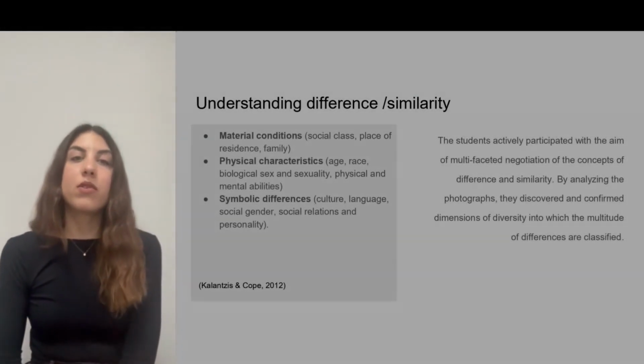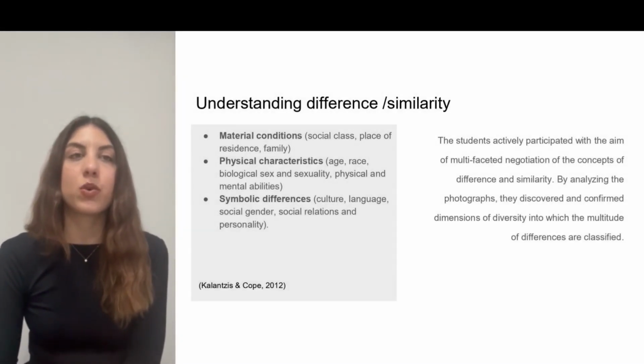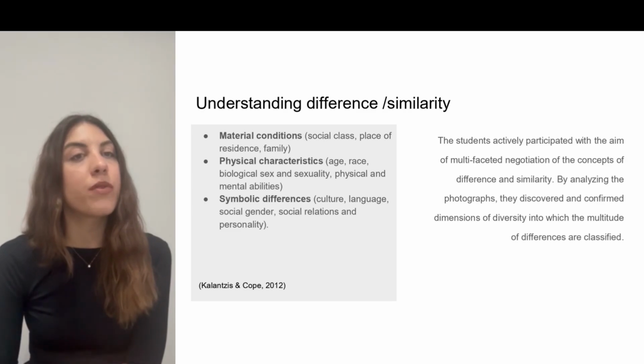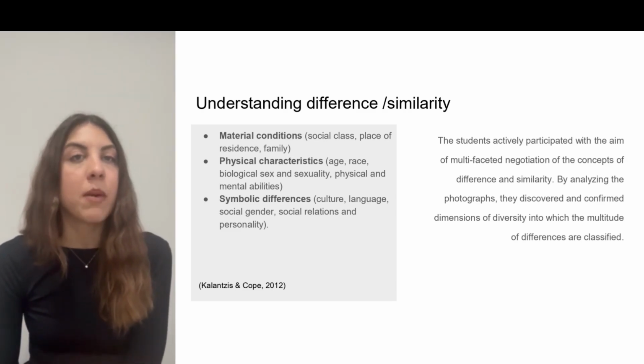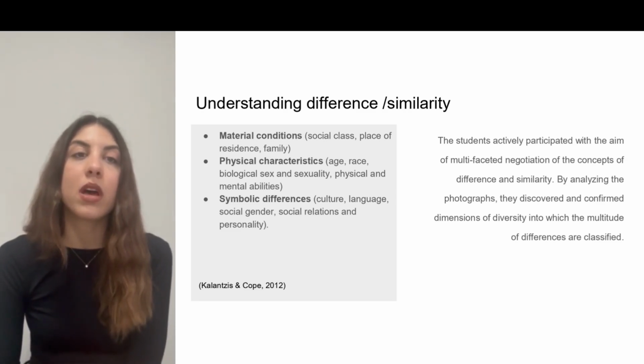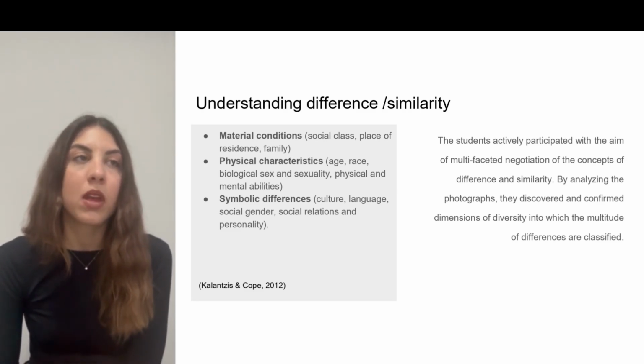Understanding difference and similarity. The students actively participated with the aim of multifaceted negotiation of the concepts of difference and similarity. By analyzing the photographs, they discovered and confirmed dimensions of diversity into which the multitude of differences are classified.